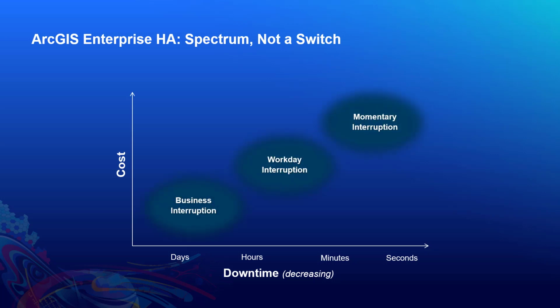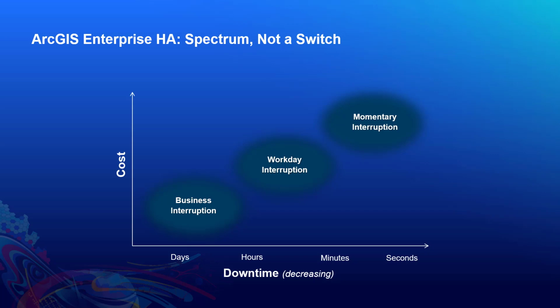For example, to withstand days worth of downtime, that doesn't really cost that much. Instead, to withstand an hour's or a few minutes, it may interrupt your workday. The cost is greater than supporting a day's worth of downtime. If you want to support a momentary interruption, you're down for minutes or seconds. Again, that's just an increasing cost.